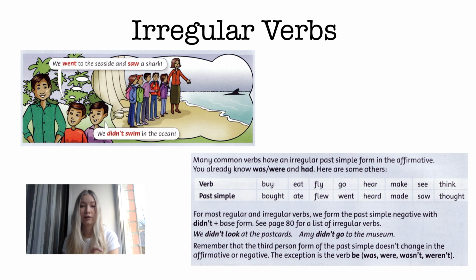So, as you can see, we have verb, and past simple, его форма в прошедшем времени. So, buy, bought. Покупать, купил. Eat, ate. Есть, ел. Fly, flew. Летать, летал. Go, went. Ходить, ходил.